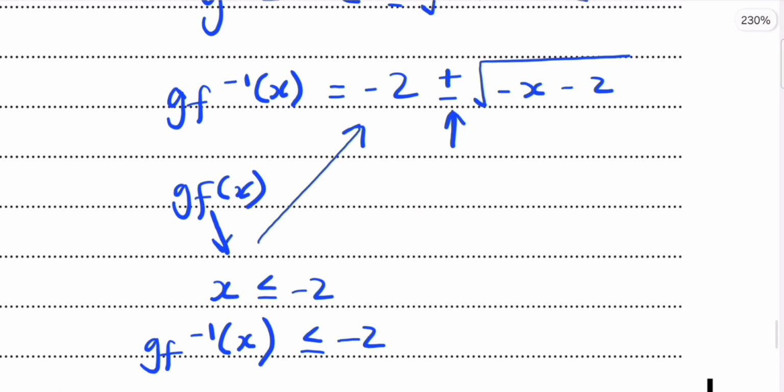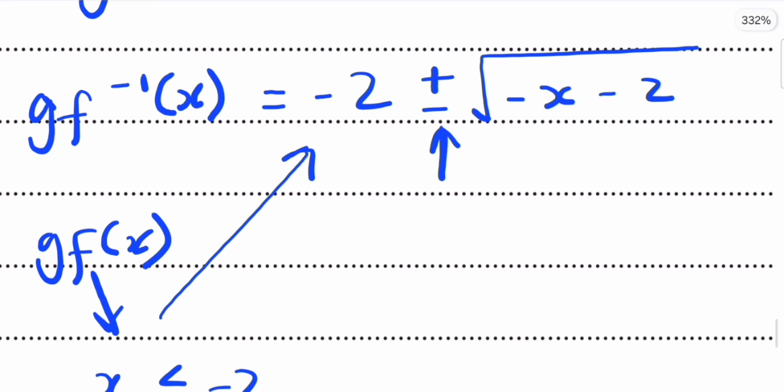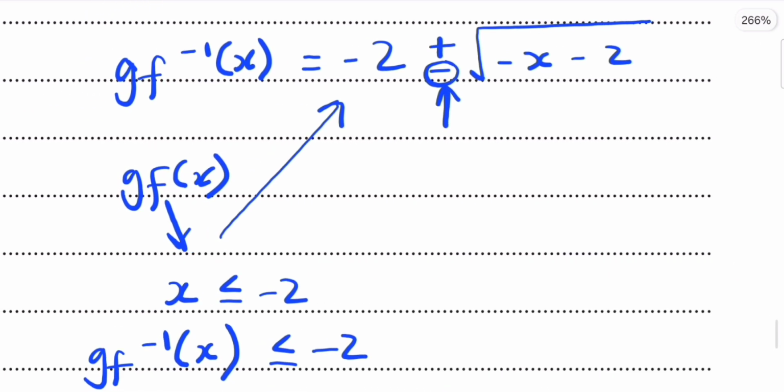And for us to get something that is less than minus 2 from this, we will be taking this minus, right? Because if we take a positive, we'll get minus 2 plus something, which will give us numbers that are greater than minus 2, but we want numbers that are less than or equal to minus 2.